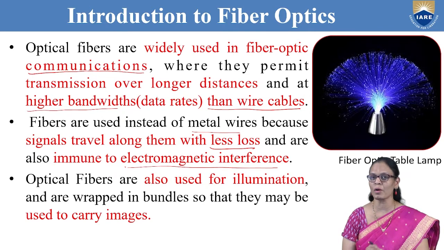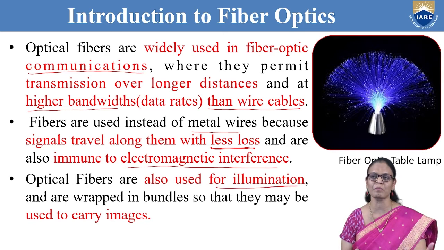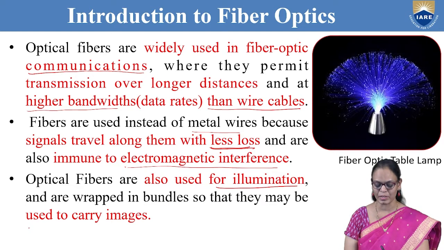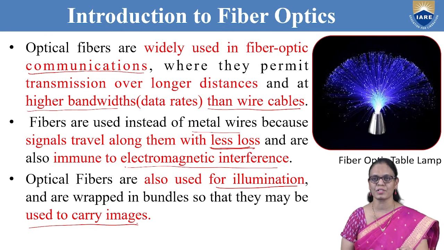But when we take optical fiber, they are immune to these losses. So there will be less loss of the signal. And optical fibers can also be used for illumination, that is illuminating purposes or decorating purposes. And they are wrapped in bundles so that they may be able to carry the images.